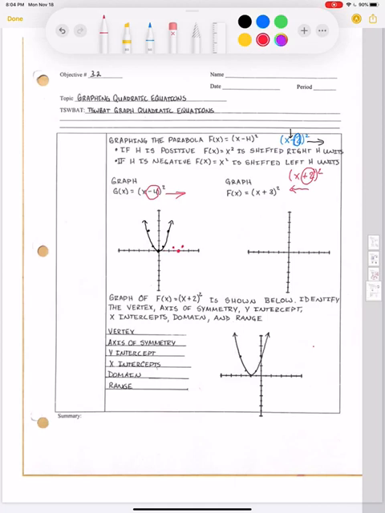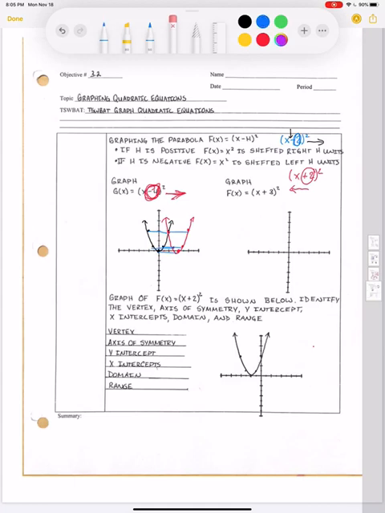Then a point 2 units to the right and 4 units up, and 2 units to the left and 4 units up. And that's my new function. This minus 4 moved us to the right 4 units, from here to here, here to here, and so on. It moved the graph over.